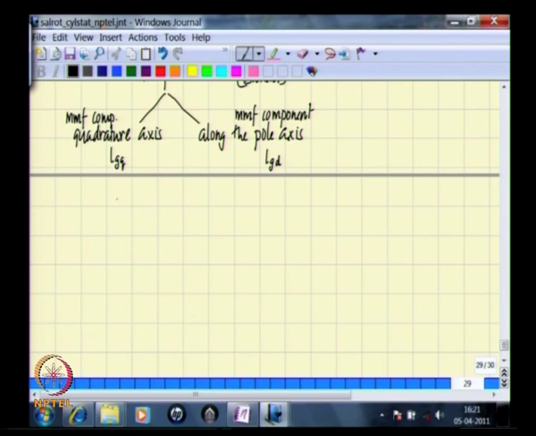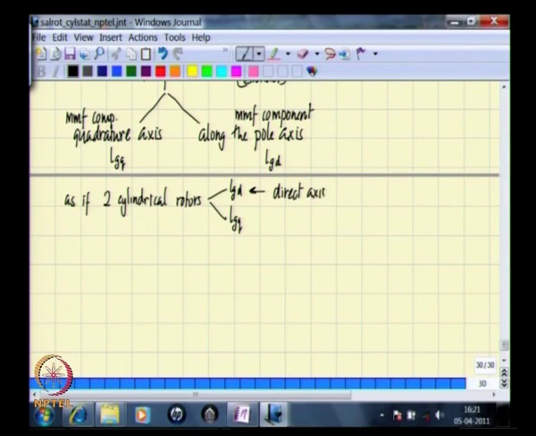It is as if there are two cylindrical rotors, one having an air gap LGD, another having an air gap LGQ, and the MMF that is acting along LGD is an MMF component which is called as the direct axis component, and this is determined by the location of the rotor pole face, and this is called as a quadrature axis component, is determined by an angle 90 degrees to the pole face.